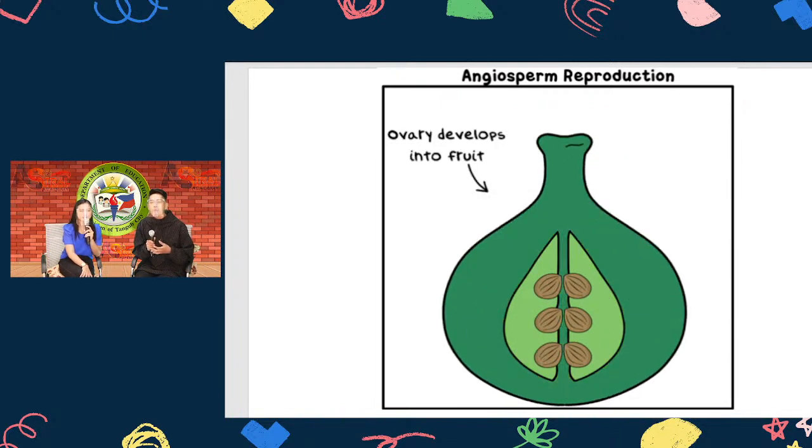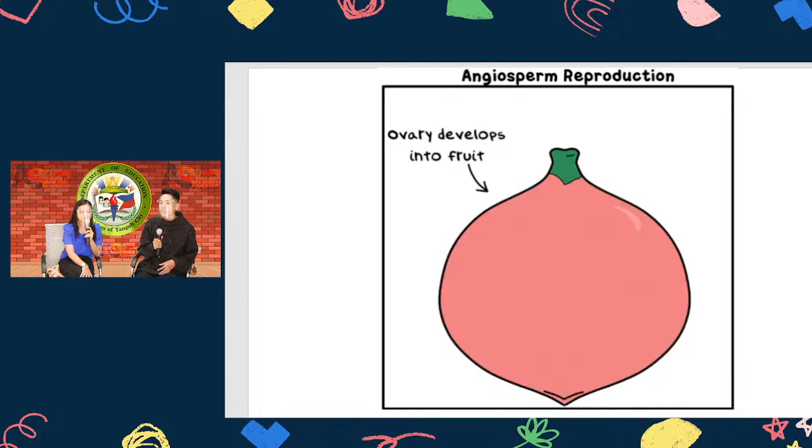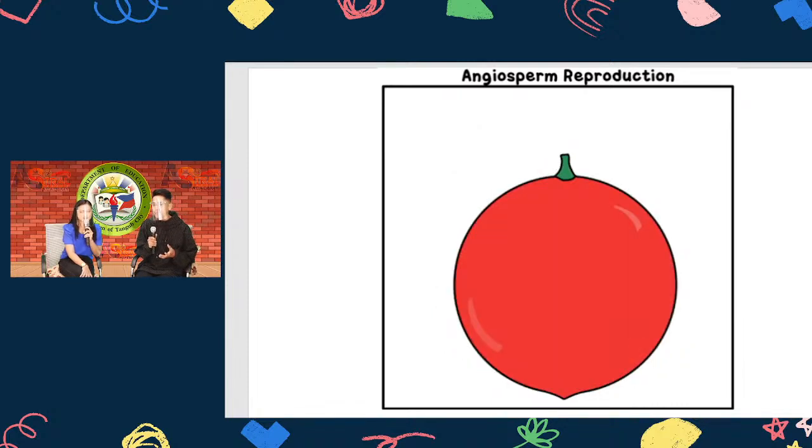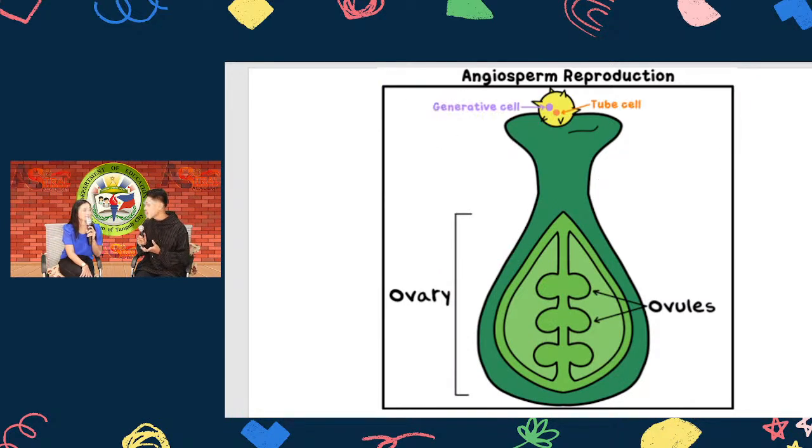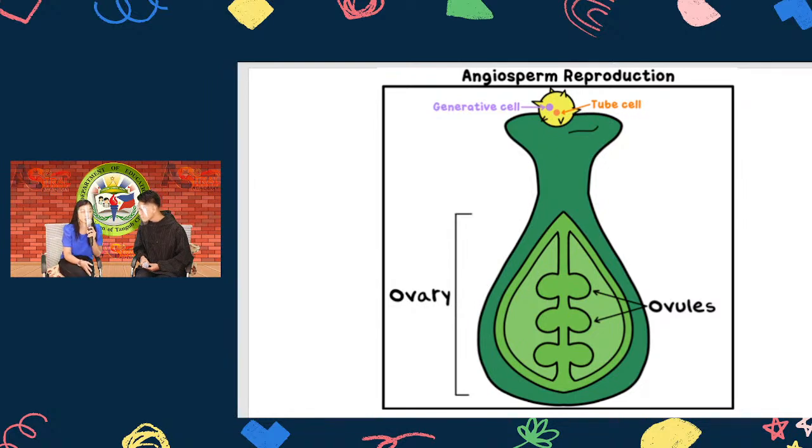That's right. Pollination occurs in various ways, Ma'am Mary Chris. Petals of flowers have bright colors and strong fragrance that attract insects and other animals. Okay, mao nang ang atong pollinators, Sir Luigi, no, they are insects, butterflies, mao nang sila ang mga pollinators nato.